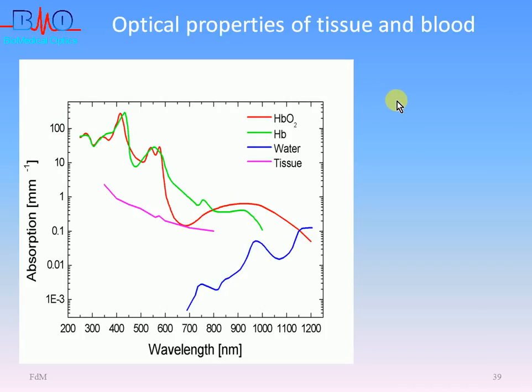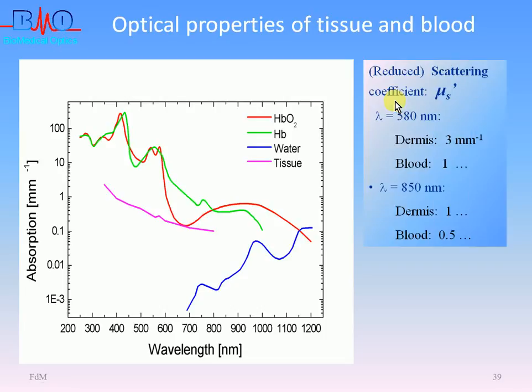Now an intermezzo, some optical properties of tissue and blood. First, the scattering, mu s prime, the reduced scattering coefficient. For dermis at 580 nanometers is about 3 per millimeter, and for blood 1. And for near infrared, it's smaller. Now we go to absorption.